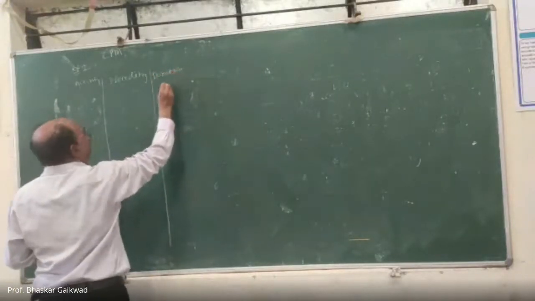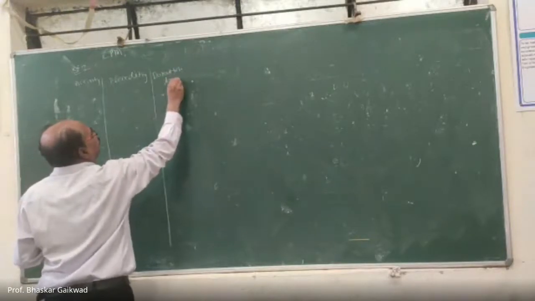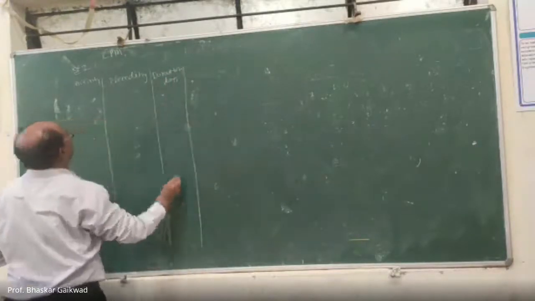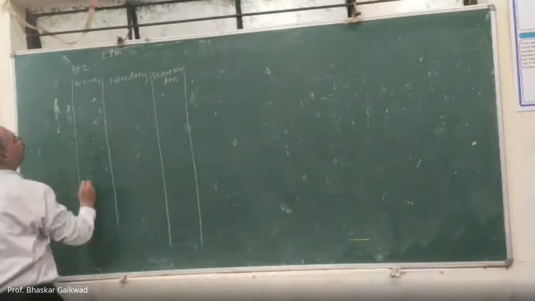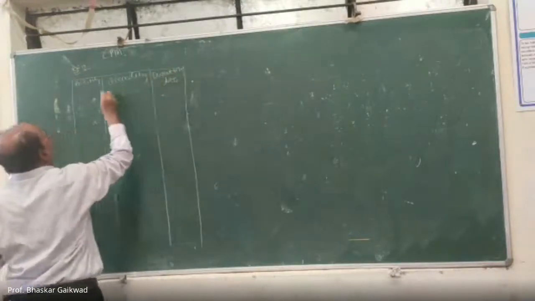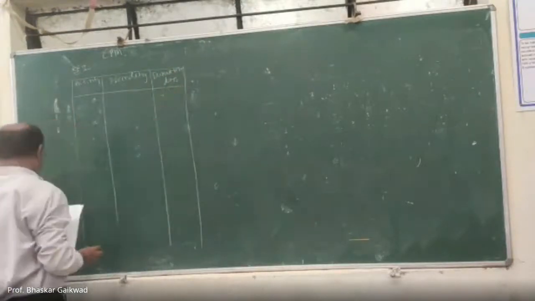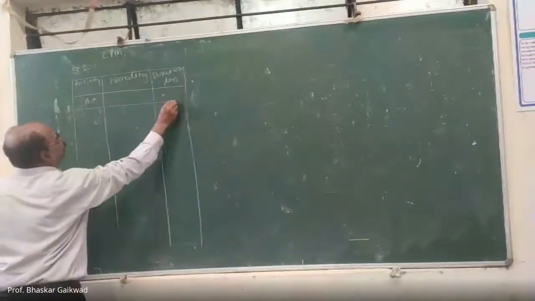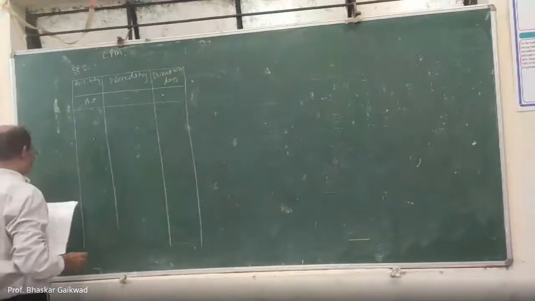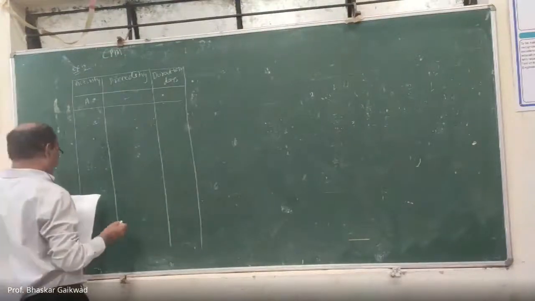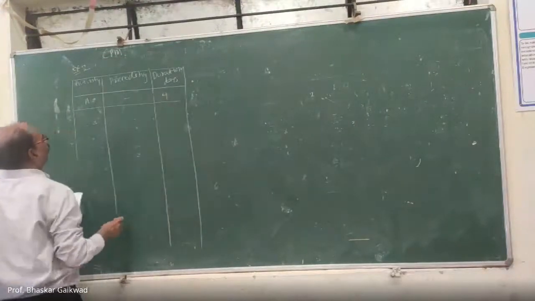This duration is in days. So A, no preceding activity, duration is 4.